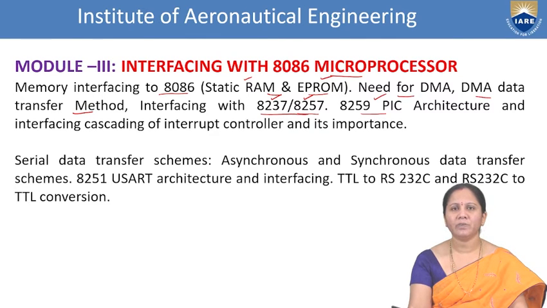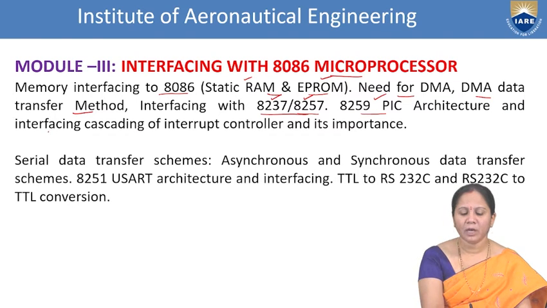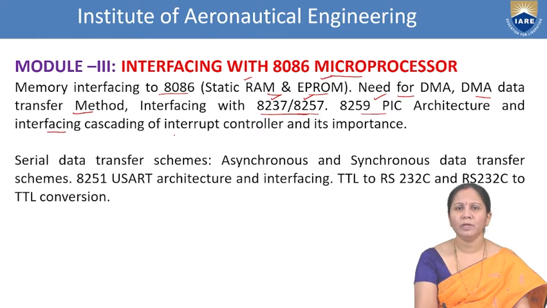Then we have gone through the different operating modes of 8259 and seen what different registers are available in 8259. After that we have learned how to interface this 8259 Programmable Interrupt Controller to the 8086 microprocessor. And next we have seen the importance of cascading interrupt controllers, so what are the advantages?